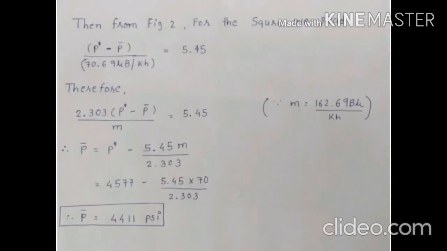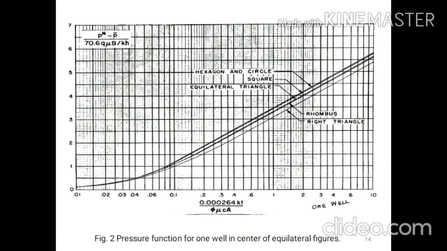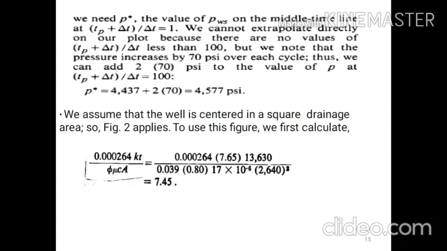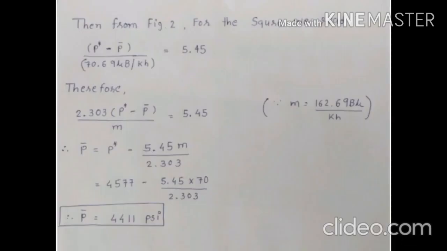We move to the shape graph, take our result 7.45 on the x-axis and get on the y-axis (p-star minus p-bar)/(17.6 qμB/k) equal to 5.45, as you can see in the slide. Therefore, this is the calculation, and we can find p-bar equal to 4411 psi. Thank you.